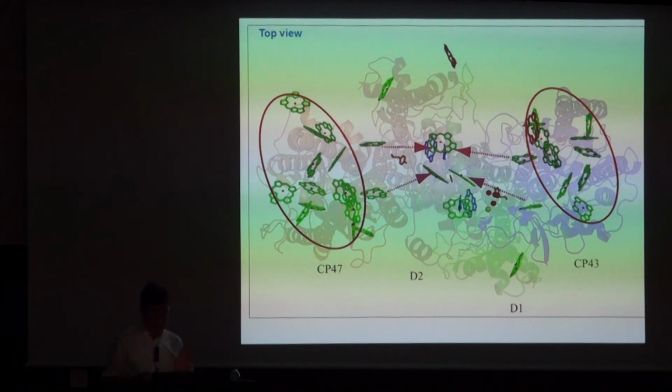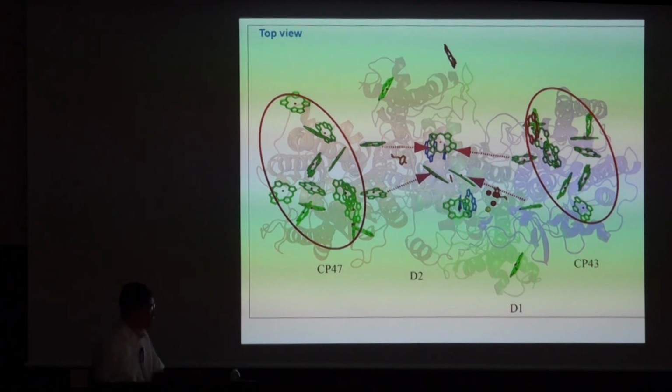So it is not transferred randomly, but through only these two chlorophylls, in order to ensure that the energy is transferred only from this direction, not from the opposite direction. Otherwise, if you have many chlorophylls surrounding this reaction center, the energy can go this way, but also go back the other way, and this will decrease the energy absorption and transfer efficiency.